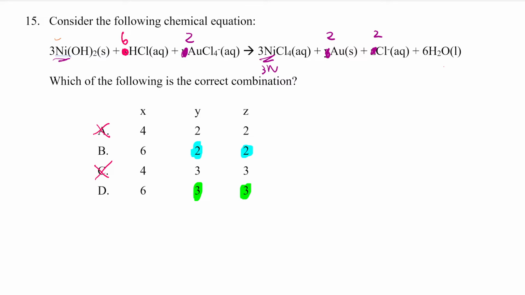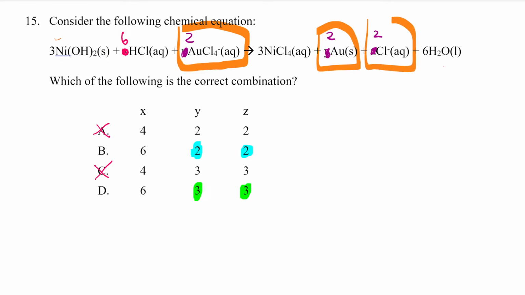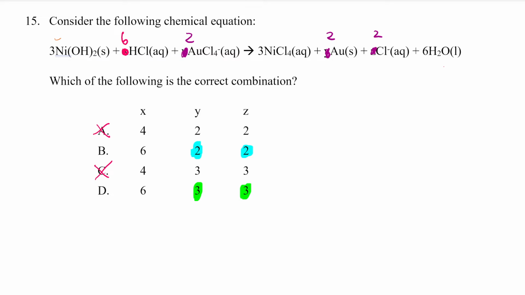No, you don't have to do that. Remember, what were the remaining atoms that we need to find? It was these guys, right? We didn't find this, we didn't find this, and we didn't find this. So you can just look for whether these are balanced or not.